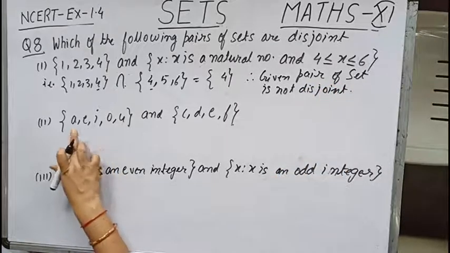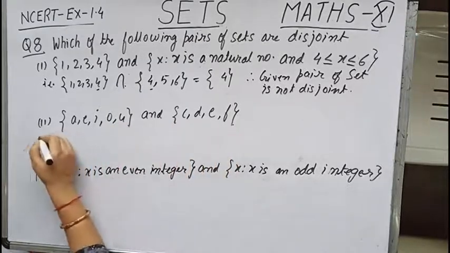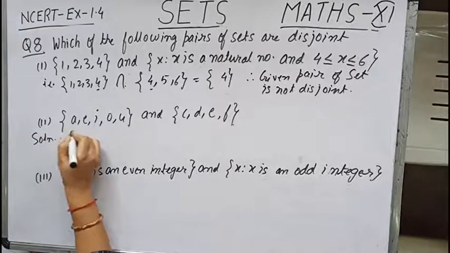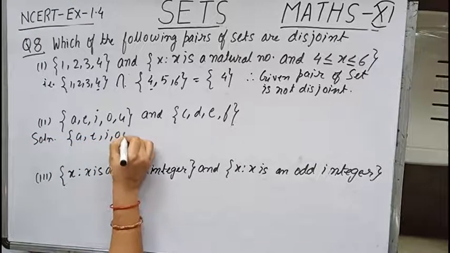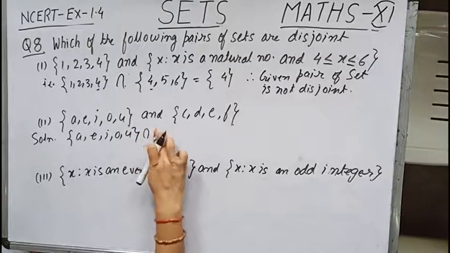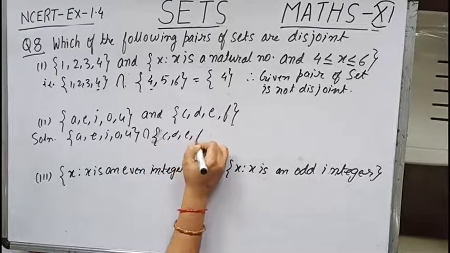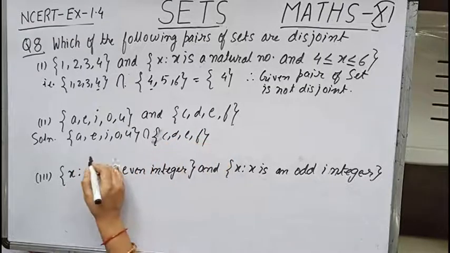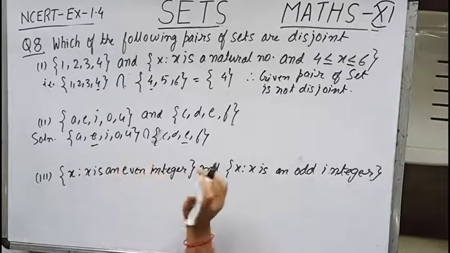Subpart number 2: A, E, I, O, U and C, D, E, F. In the solution part, we will be writing the set containing A, E, I, O, U intersection C, D, E and F. Over here the common element is E and no other element.